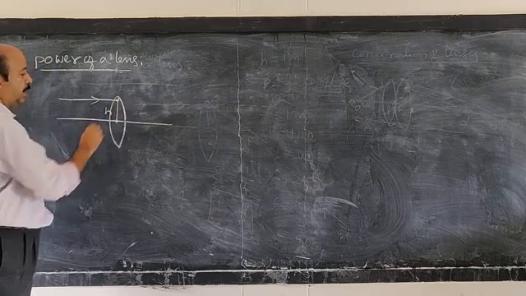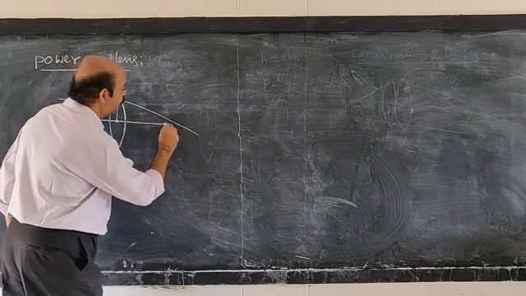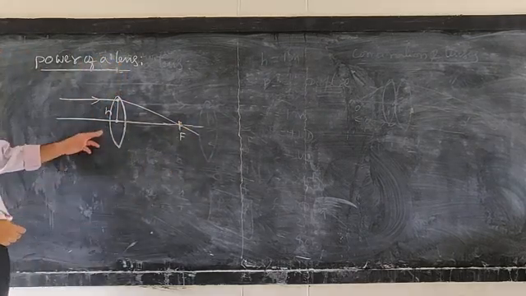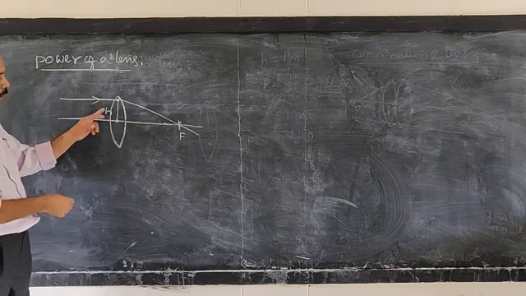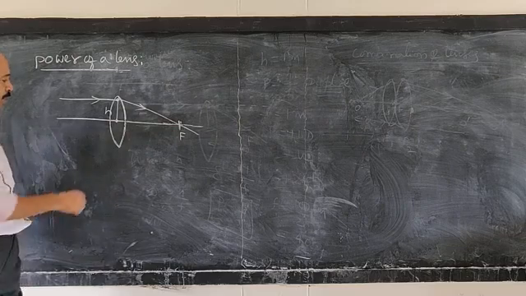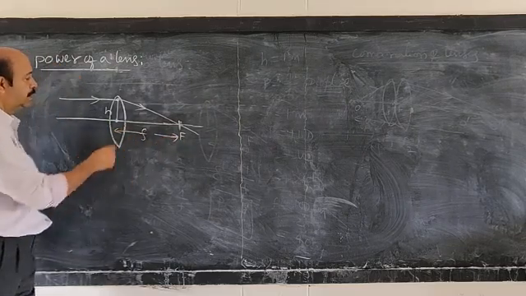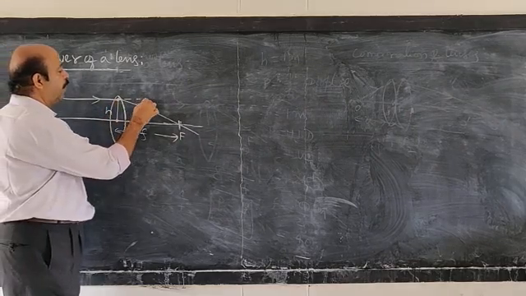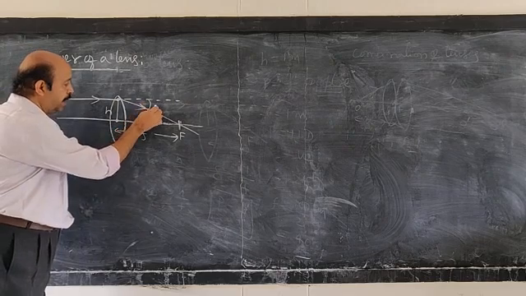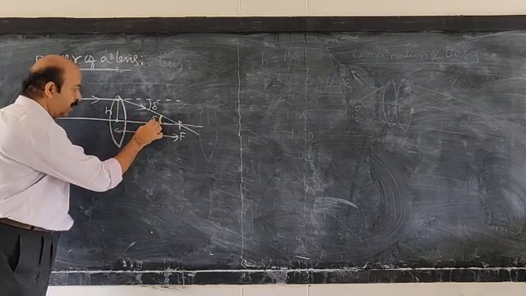After refraction it passes through the focus, because I have taken a parallel beam refracting through the lens. So this distance is nothing but the focal length. Now instead of going straight, the path of the beam is deviated by an angle delta.